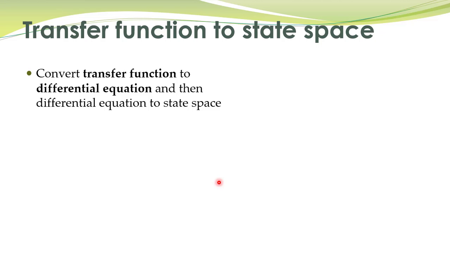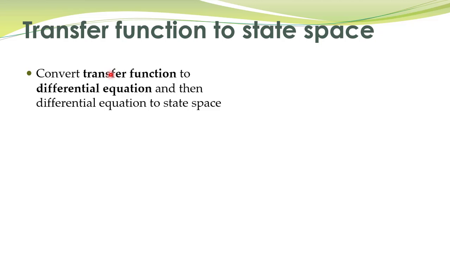Similarly, we can also obtain state space representation from transfer functions. We have extensively studied how to describe mathematical models of physical processes using transfer functions, and now these transfer functions can also be converted into state space models. The procedure is again simple.